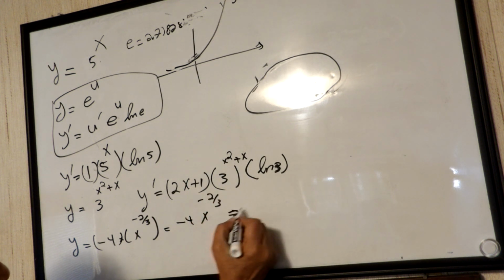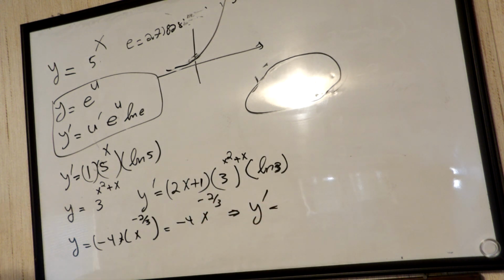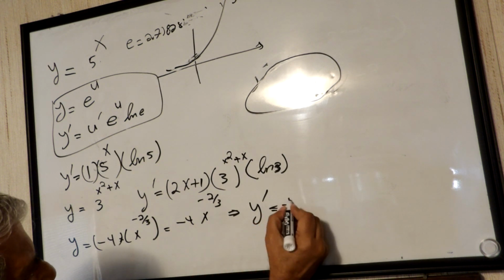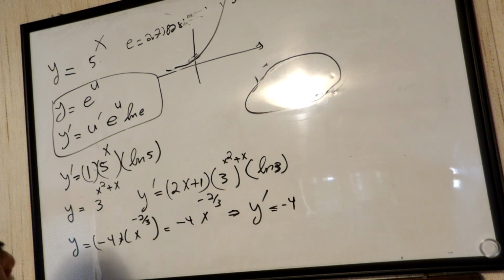So what you do here, the derivative of this one is going to be, you write this one minus 4, and let's write the number here.